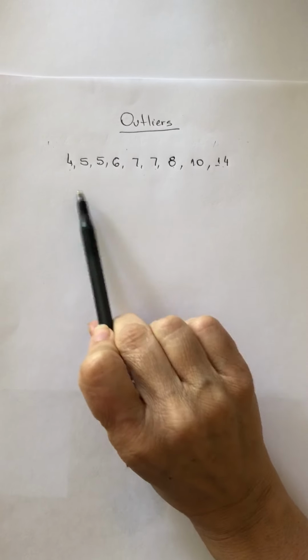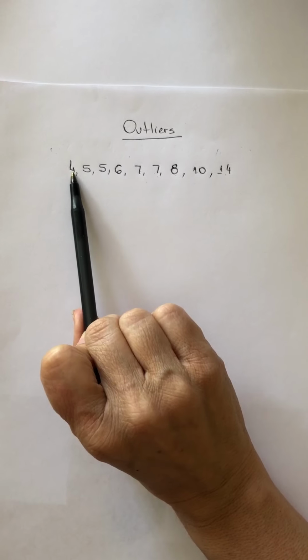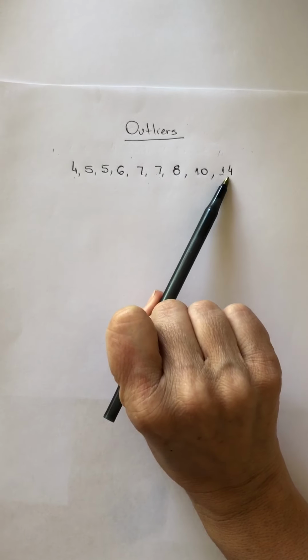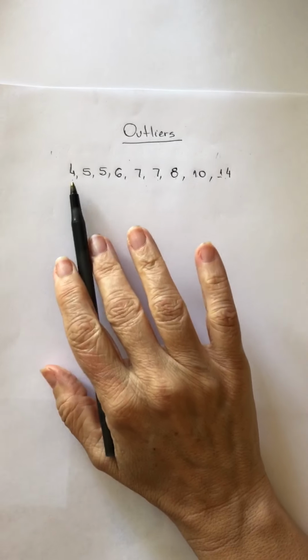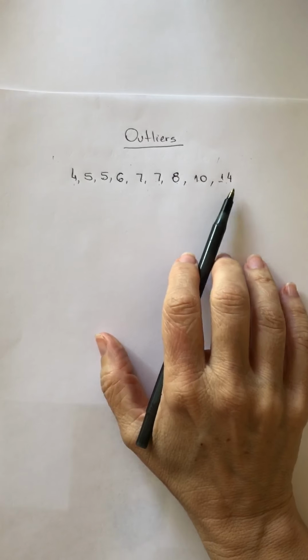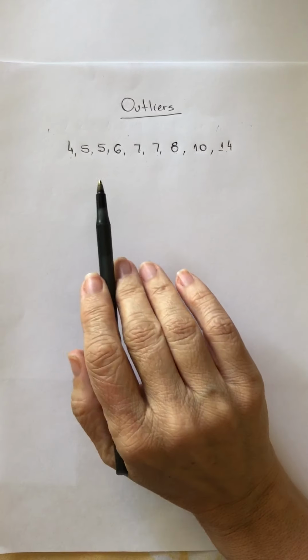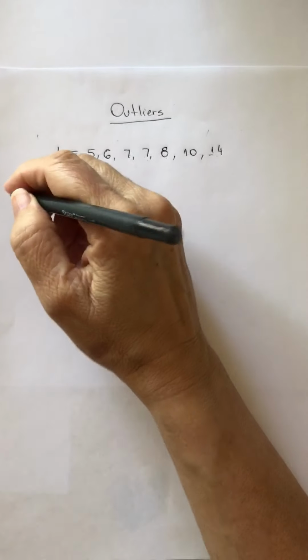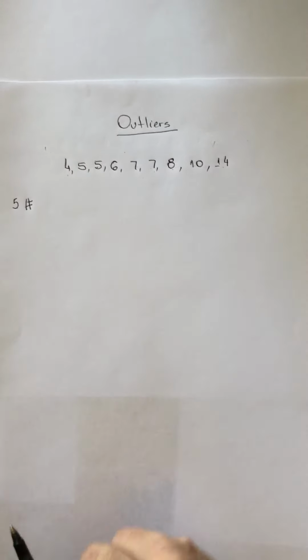For us to work this, we need the set of data, which I have here. I put numbers from 4 to 14, and we are going to work with this set of data. The first thing that we have to do is find 5 important numbers.